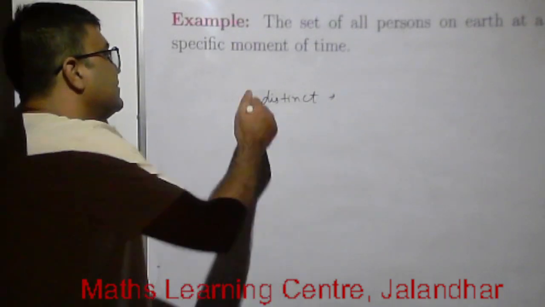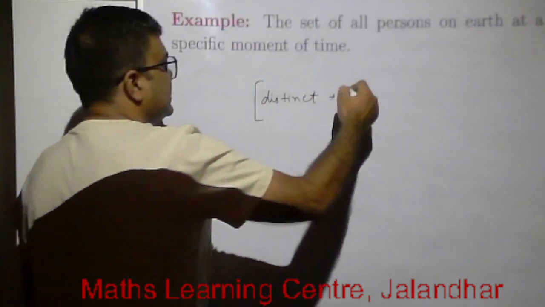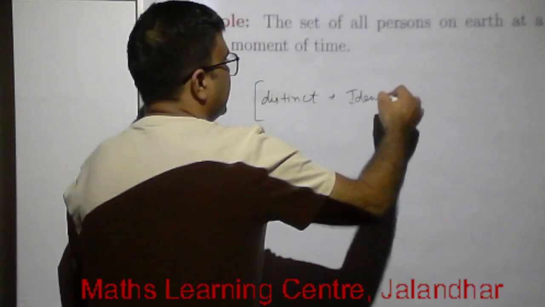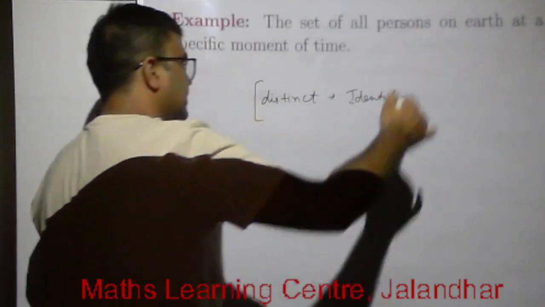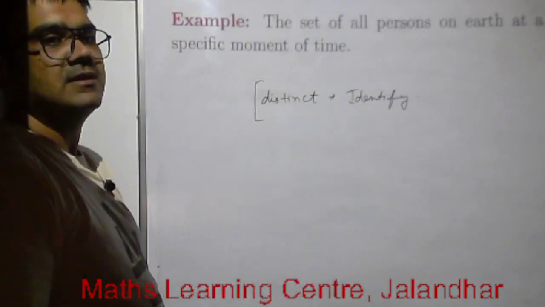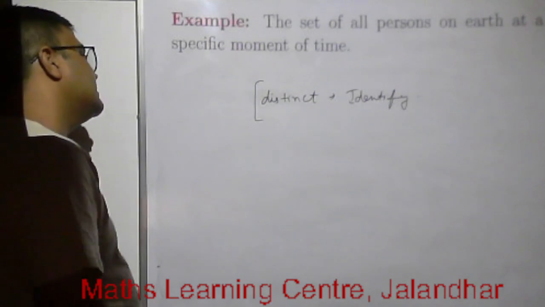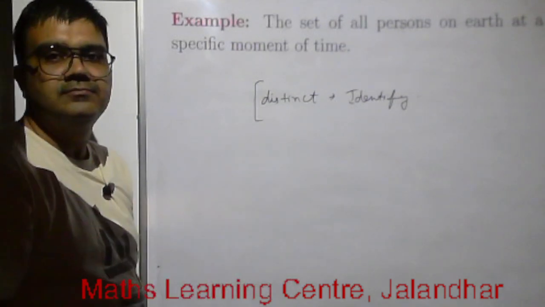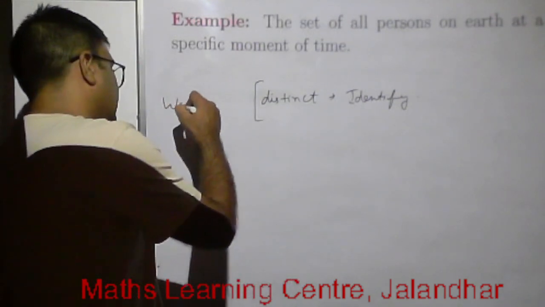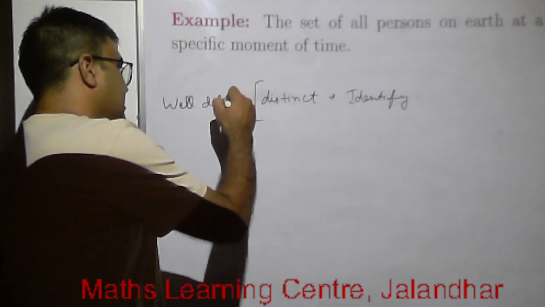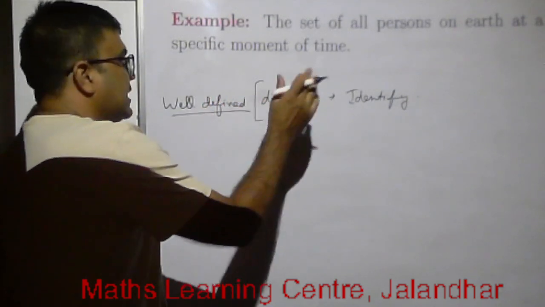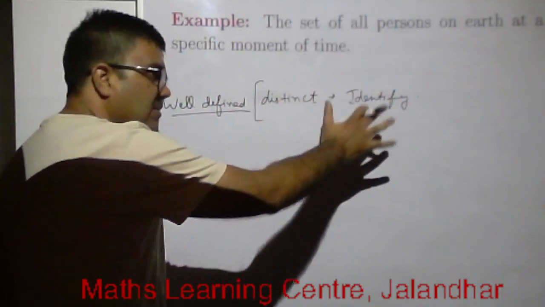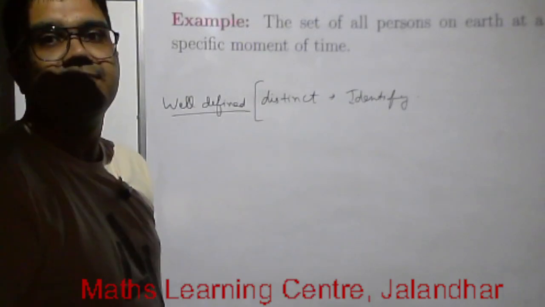It means that this set we are talking about is well defined. Every person is distinct, every person is identifiable.